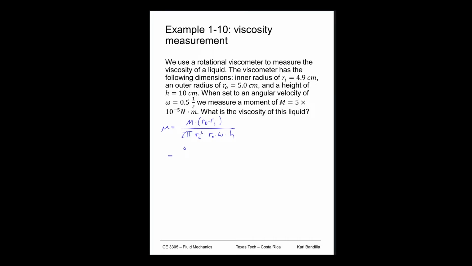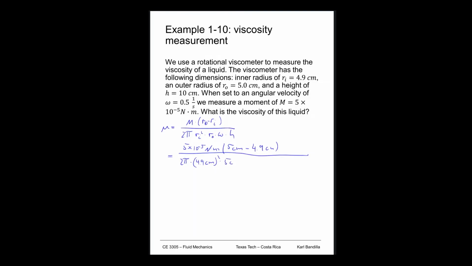So that is what then? That is 5 times 10 to the minus 5 Newton times meter. And then the outer radius is 5 centimeters. So 5 centimeters minus 4.9 centimeters divided by 2 pi times the inner one is 4.9 centimeters squared.